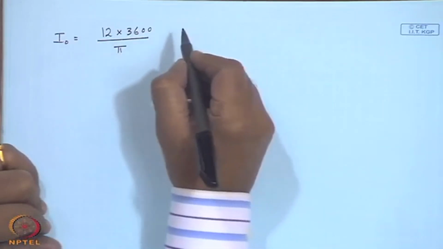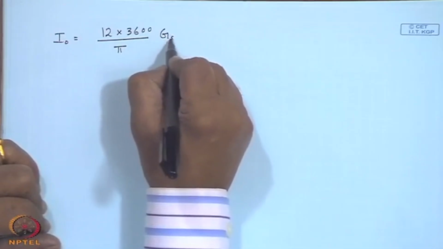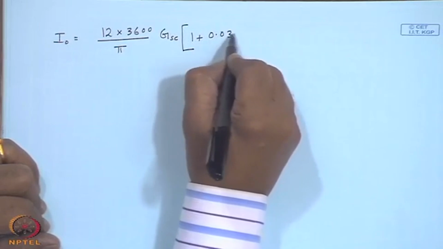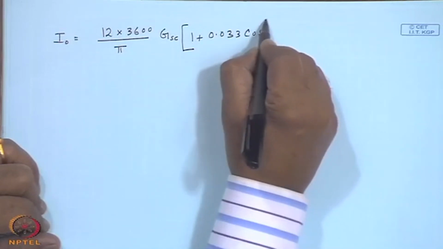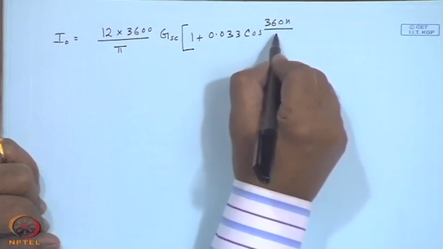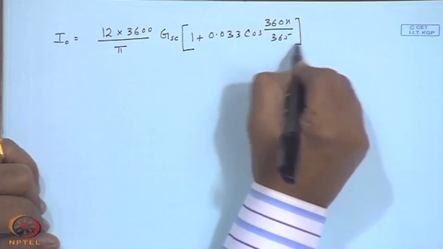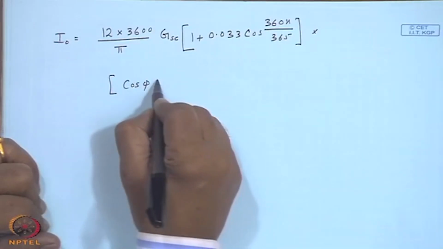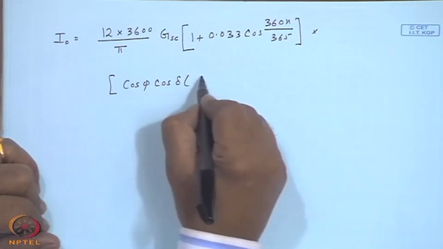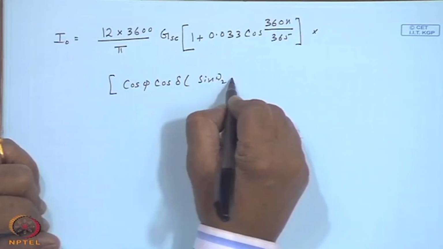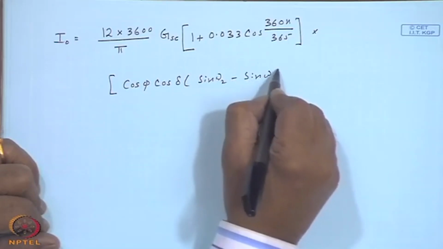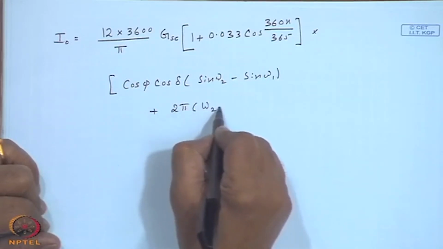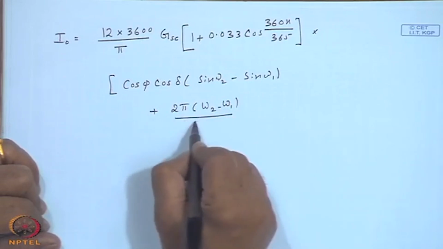So, 12 into 3600 by pi times the solar constant GSC times the variation 1 plus 0.033 cos 360 n by 365 times cos phi cos delta times sin omega 2 minus sin omega 1 plus 2 pi times omega 2 minus omega 1 by 360.